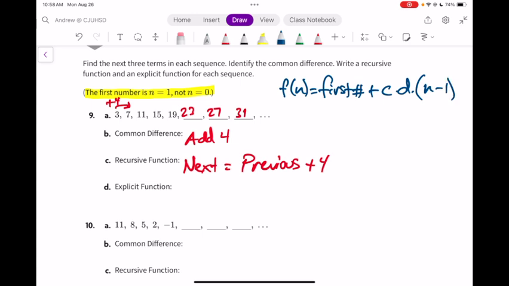So using that formula, f of n is the first number 3 plus the common difference of 4 times n minus 1. In the future, we may want to clean that up a little bit by using the distributive property, but for now, we're going to leave it like that.